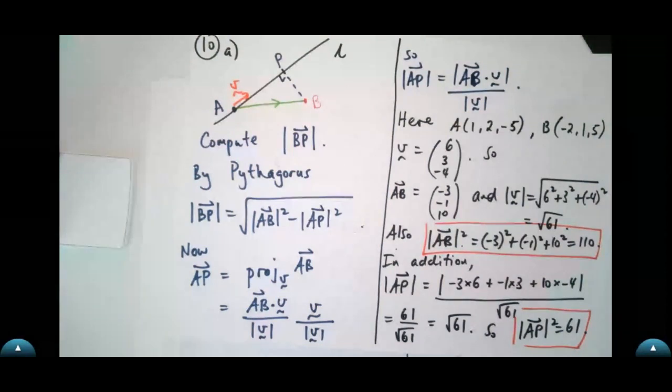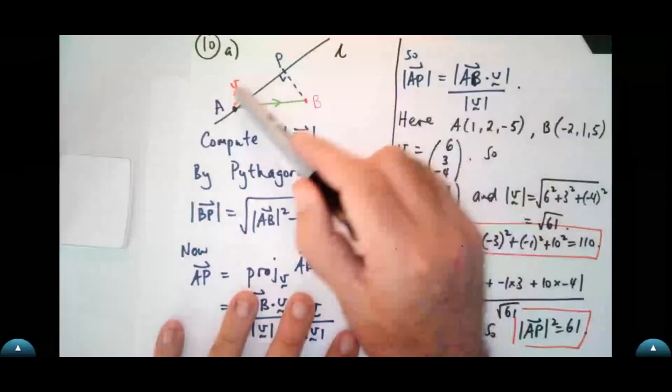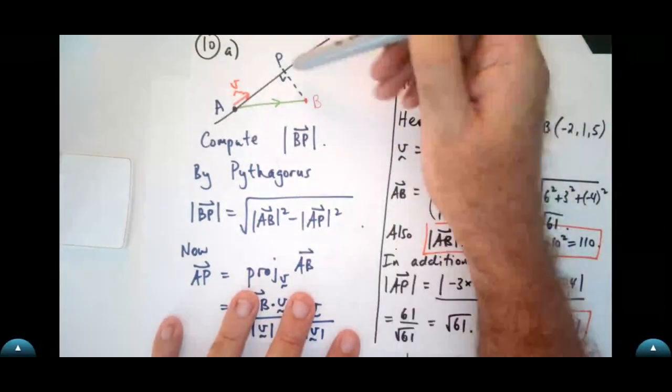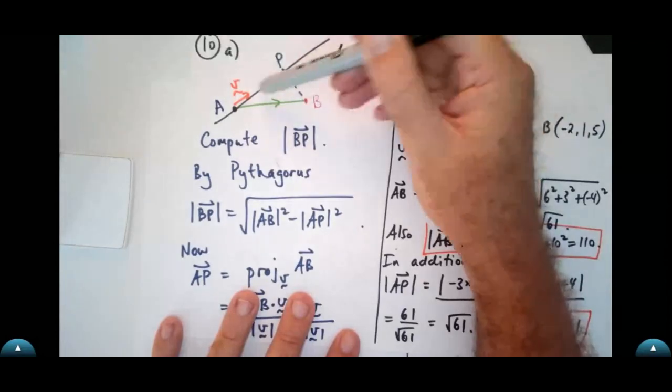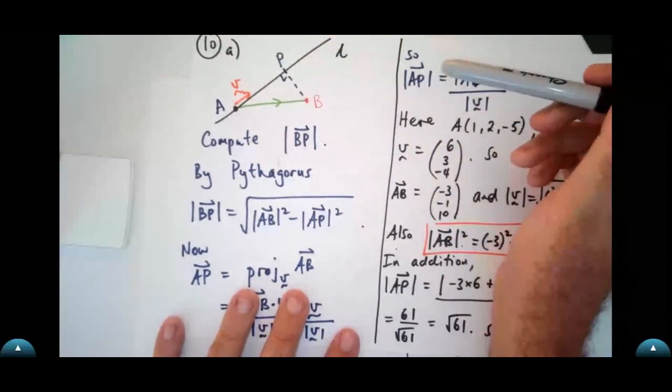Omar, can you use the fact that the dot product of AP and AB is 0 to solve the question? I don't think so. Unless you know a way to do it like that. That's an interesting idea. Definitely V dotted with BP will be 0, right?